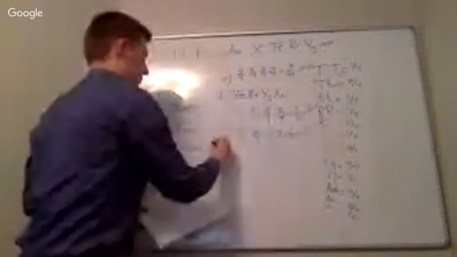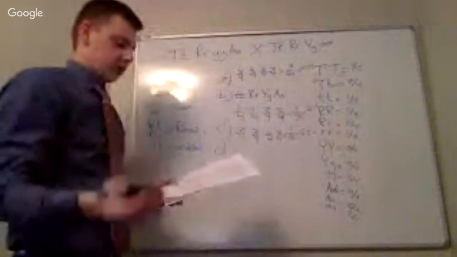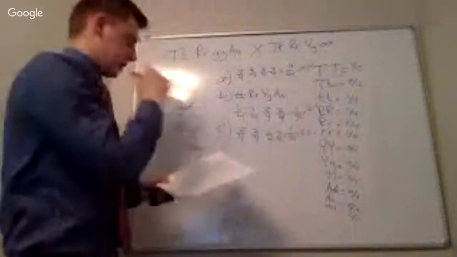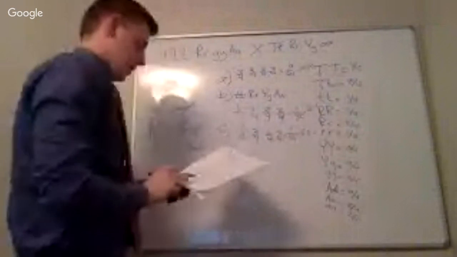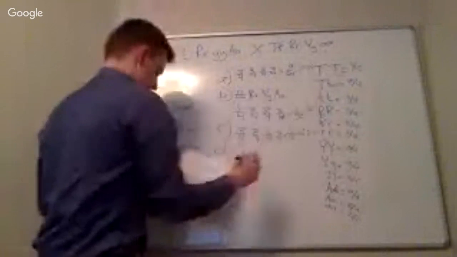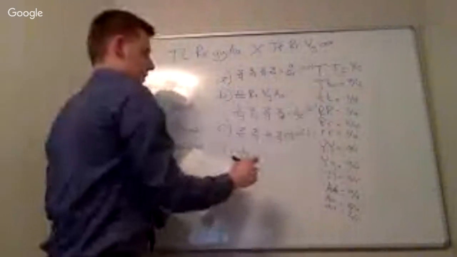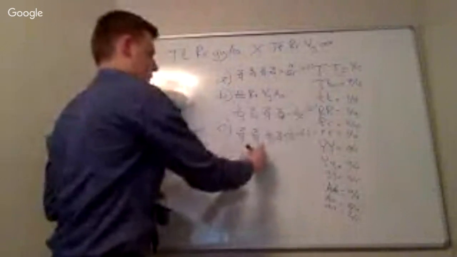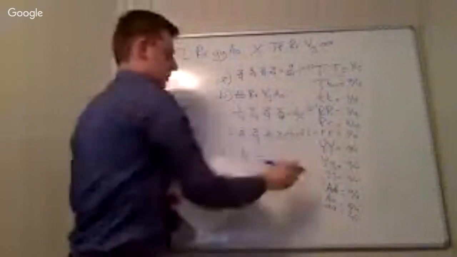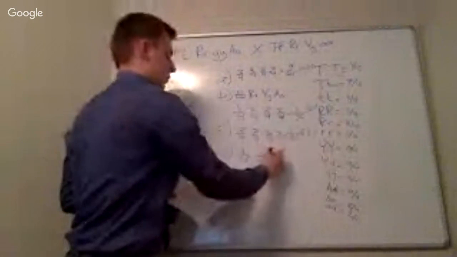And the last one that we're going to be doing is what proportion of the offspring will be dwarf, wrinkled, yellow, axial. And so we just kind of do the same things. To be dwarf, we need to be recessive, and so that's 1/4. Now, to be wrinkled, we need to have a homozygous recessive R, and so that's 1/4 as well. And then yellow is going to be the heterozygous, so we get 2/4.